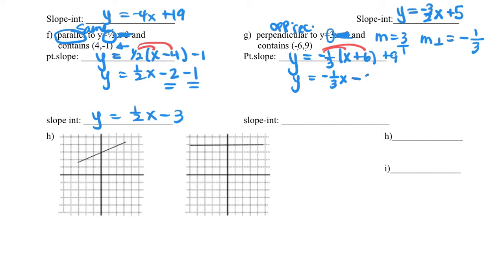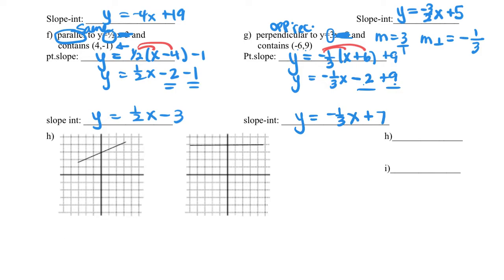So I have negative 2 here, and I have the plus 9 from outside my parentheses. And when I do this, I'm going to collect my like terms here. So I'm left with y is equal to negative 1/3 x. My minus 2 and plus 9 gives me plus 7. And that is my slope-intercept form final equation for G.